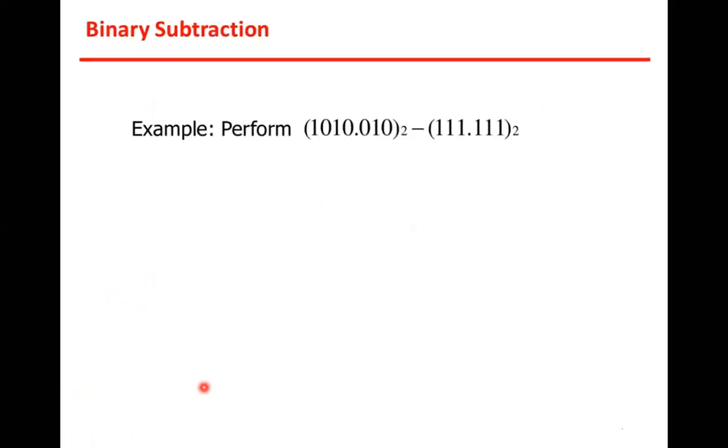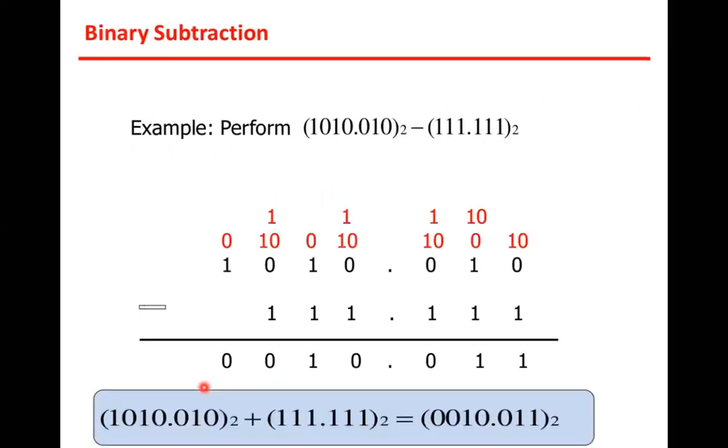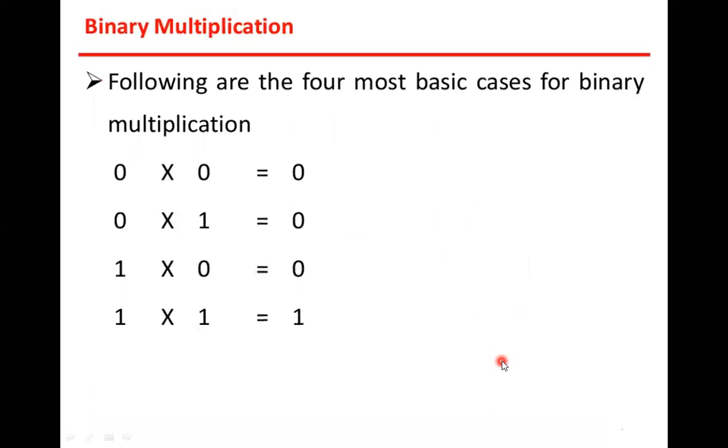So if you subtract and take this as an example, 1010.010 minus 111.111, with the same mathematical rules you'll get this following answer. Multiplication, again 4 rules are there. 0 into 0 is 0, 0 into 1 is 0, 1 into 0 is 0, and 1 into 1 is 1.